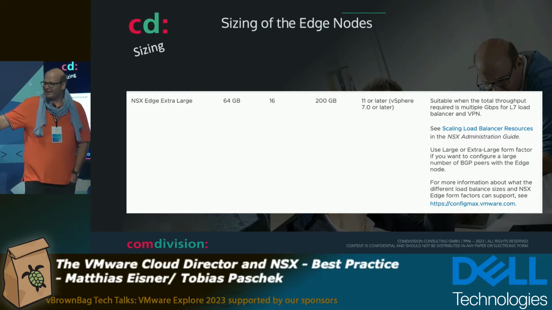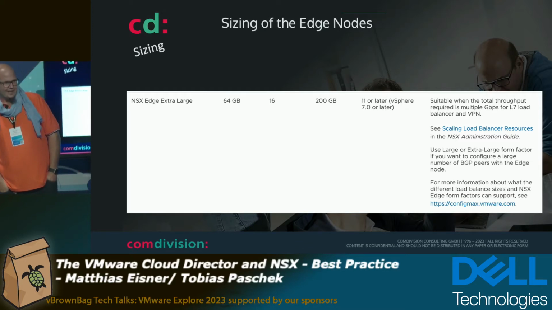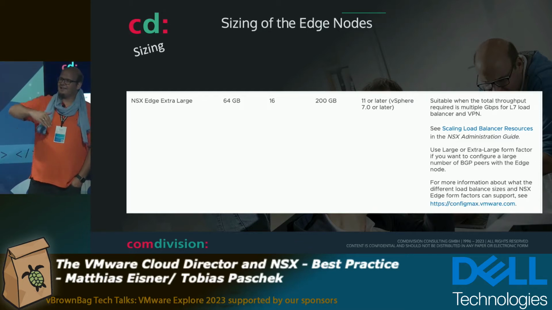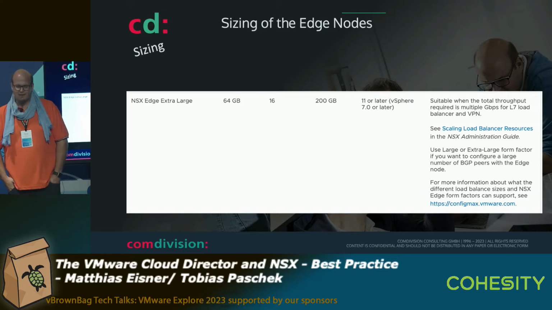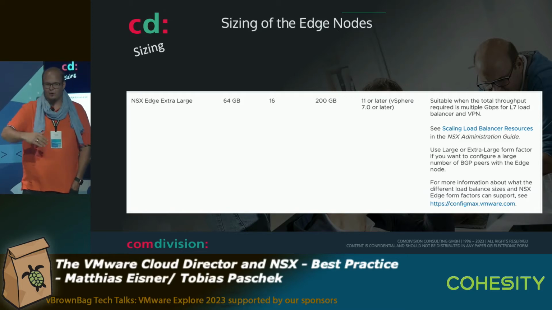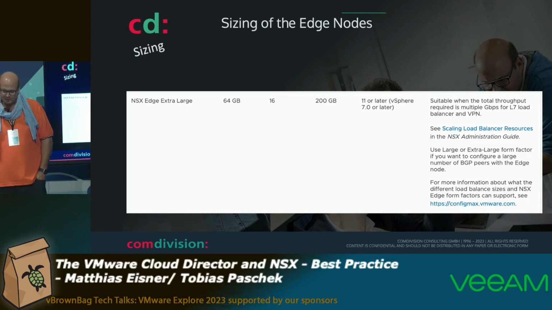Also, since Reinhard and I will do some myth-busting today, let's talk about the sizing of the edge nodes. I know that many say, hey, let's go with extra large, or let's go with large at least, I don't care about medium or small deployments, because I would like to have it as large as possible.